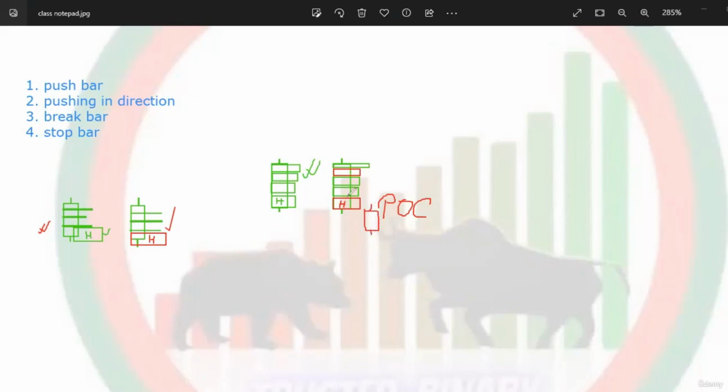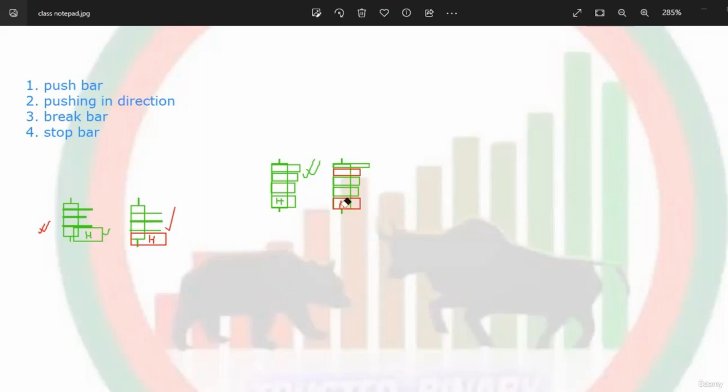When the power of control is on the seller side and the sellers failed to create a bearish candlestick, that's why we have to take this high volume, this POC, also as a push bar.